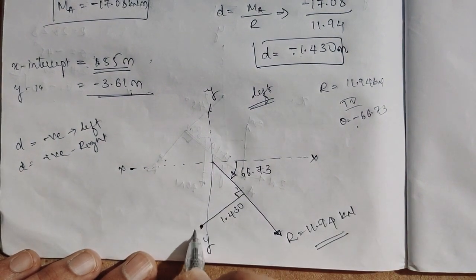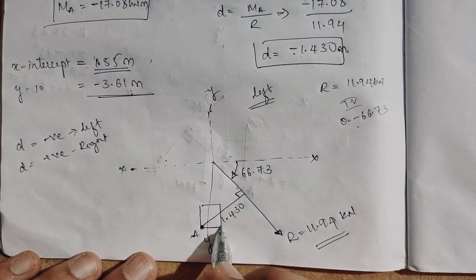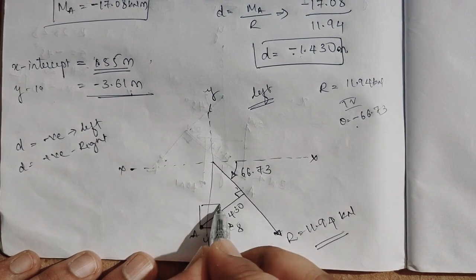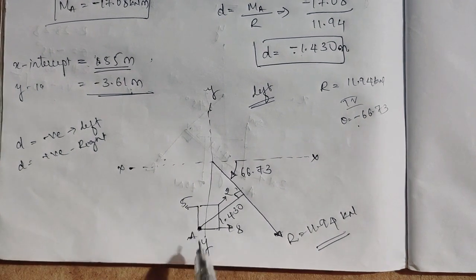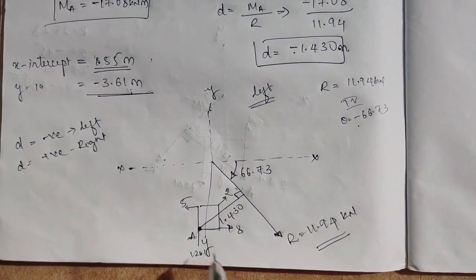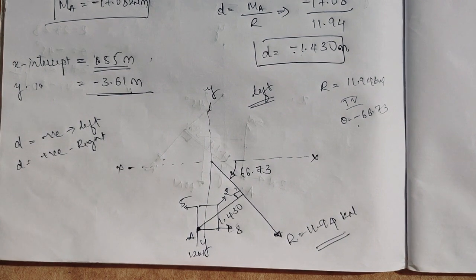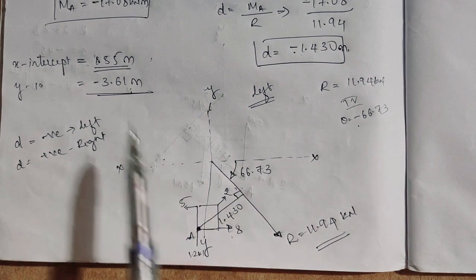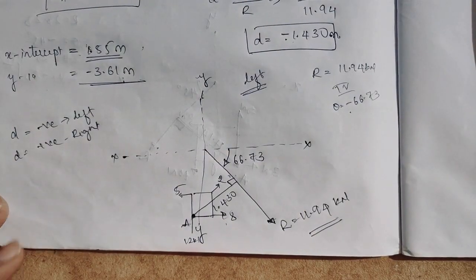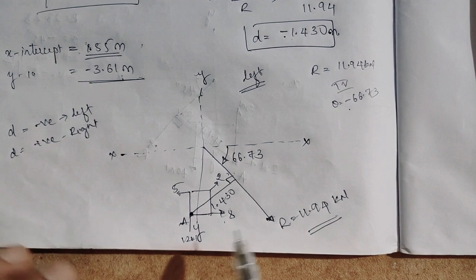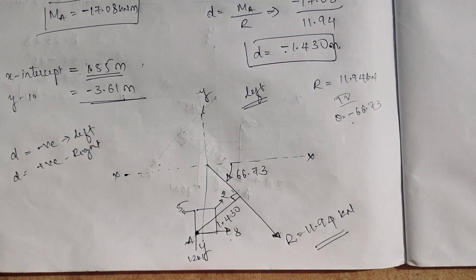This is point A, so now A lies here, and I'll draw the square here. So it is 8 kilonewton, 2 kilonewton, 5 kilonewton, and here 12 kilonewton. We also got the negative moment about A because it is to the left side. So this is how we solve the problems. I hope you understand. Thank you.